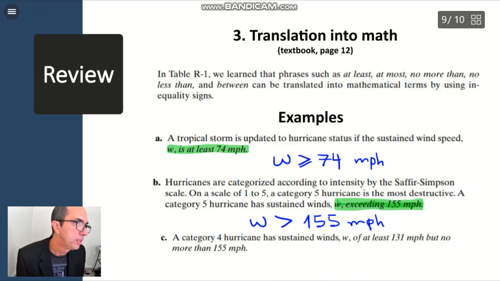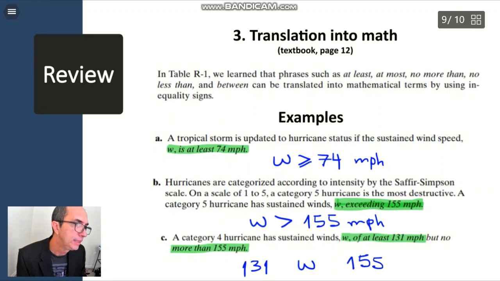And the last one here: a category 4 hurricane has sustained winds W of at least 131 miles per hour, but no more than 155 miles per hour. How do we represent this? So W is going to be between 131 and 155.